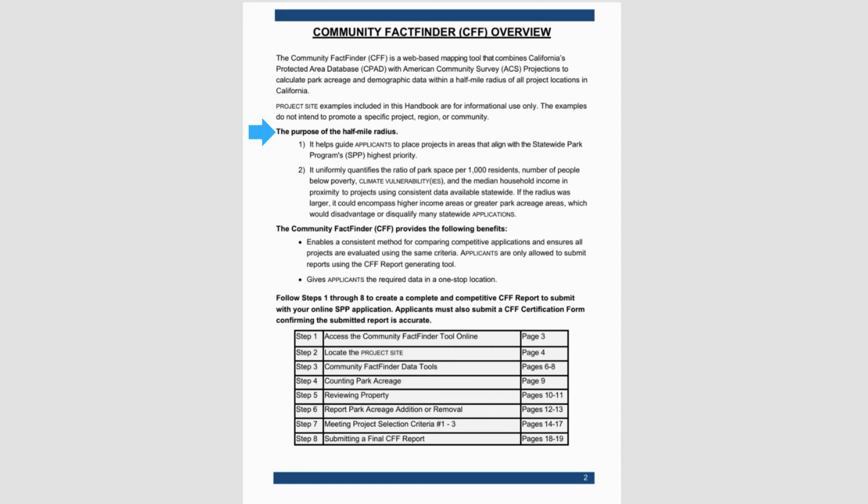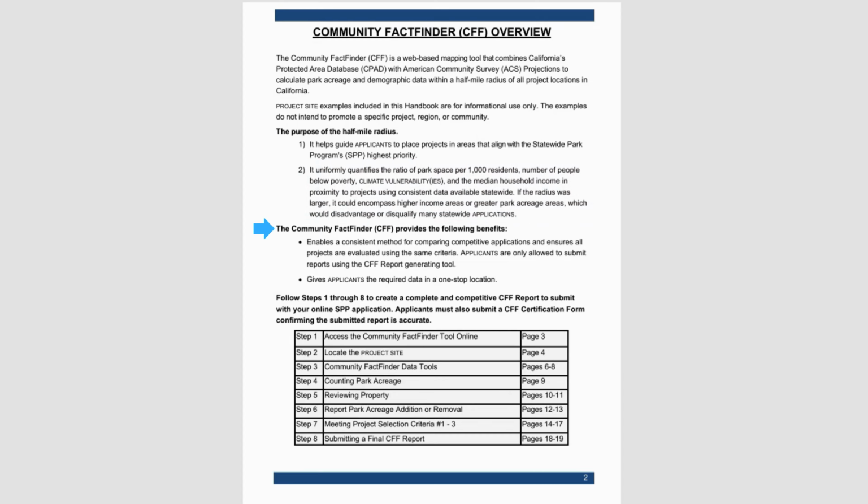And second, it creates a consistent way to measure the following: park acreage per 1,000 residents, poverty levels, climate vulnerability, median household income. Using the same statewide data for every application helps ensure consistency and fairness during the review process.